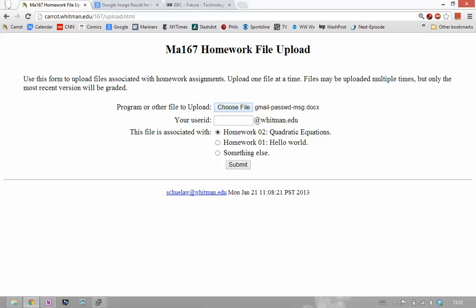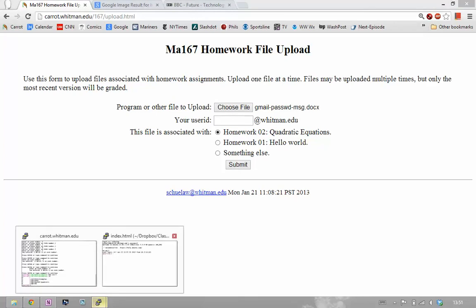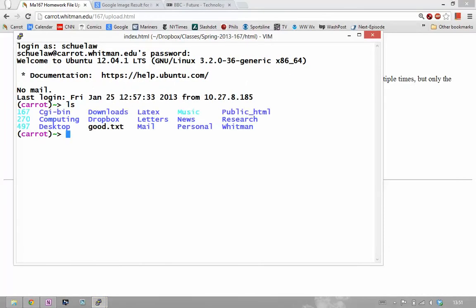So what I'm telling you right now is be really careful about using the exact spelling of your file name, or watch very closely. Let me show you what happens if Lynx doesn't find the file. So there's a file called good.txt. I have no idea why it's there.